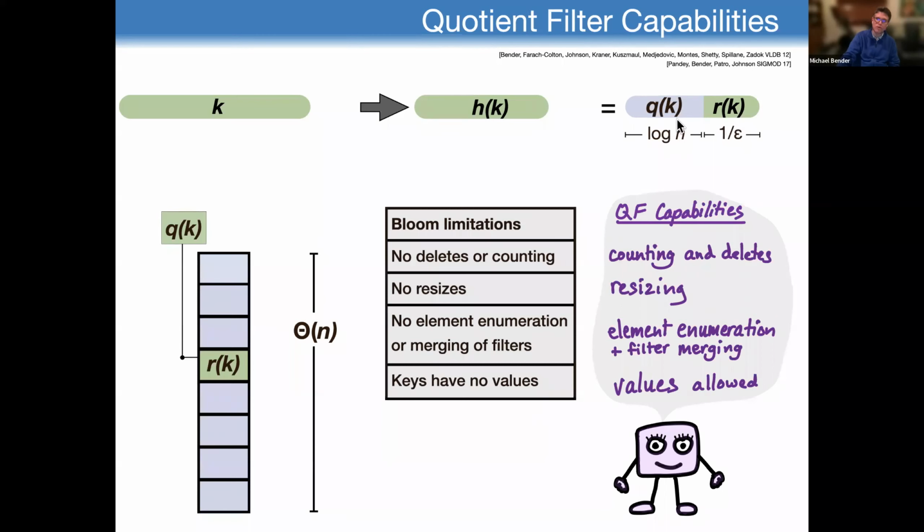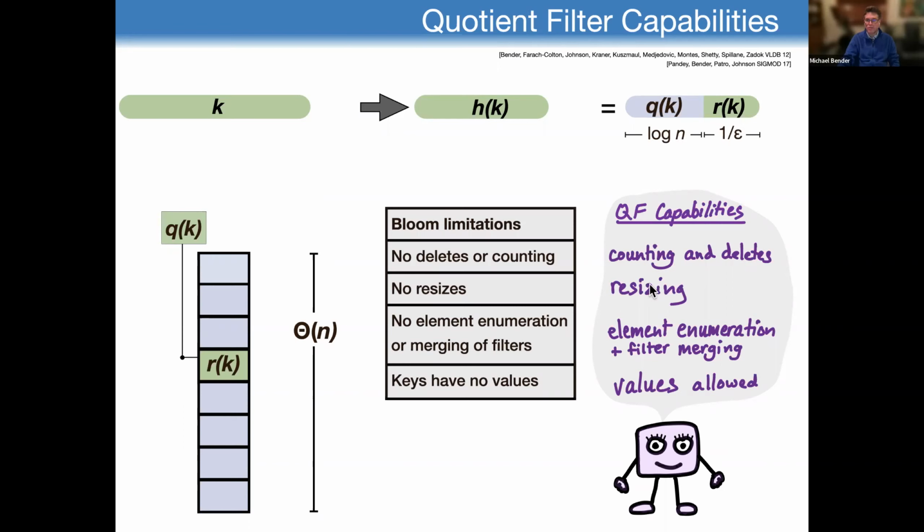So when you double the size of your hash table, the quotient grows by 1 bit and this remainder shrinks by 1 bit. Because the hash table is half the size, one additional bit gets stored explicitly in the remainder. And so instead of being log n, it's log n minus 1.